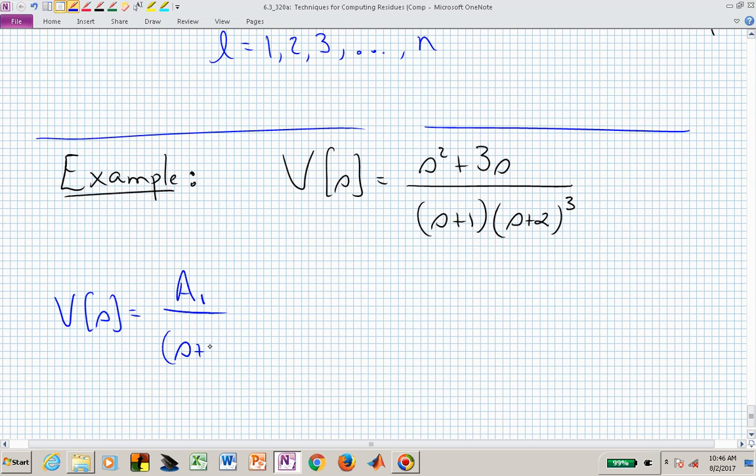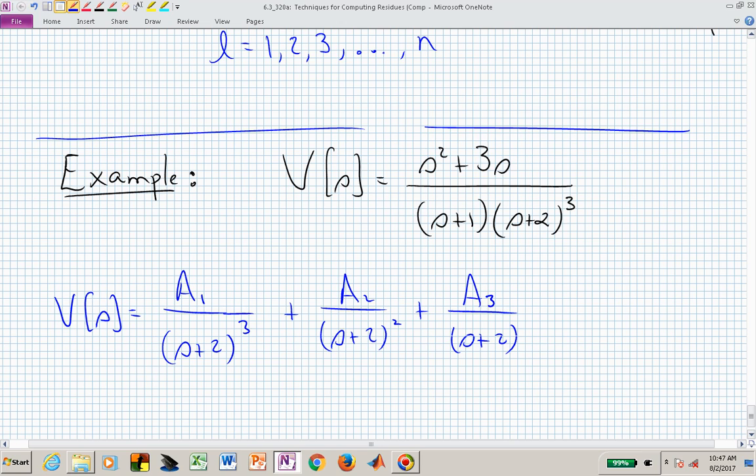That's now on top of the highest power of s plus 2, which is s plus 2 cubed. Then we have a sub 2 over s plus 2 squared plus a sub 1 over s plus 2. And now we're done with the a's, but I need to make sure that I've subscripted those consistently.